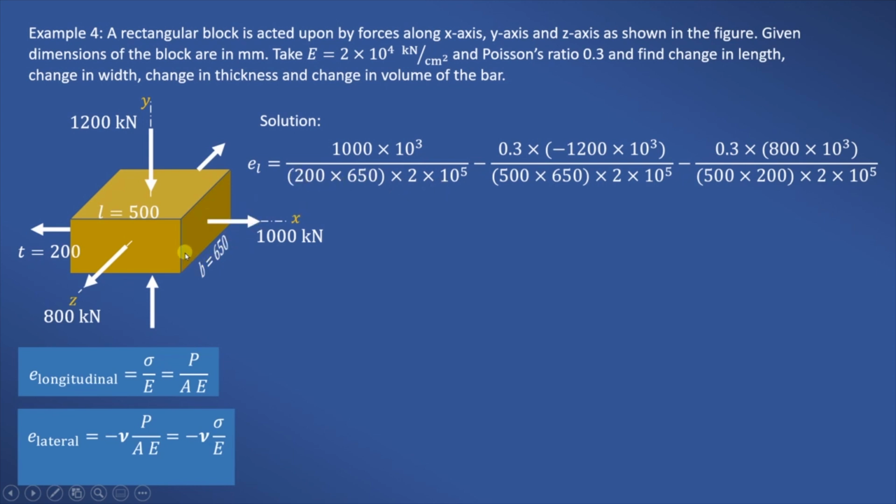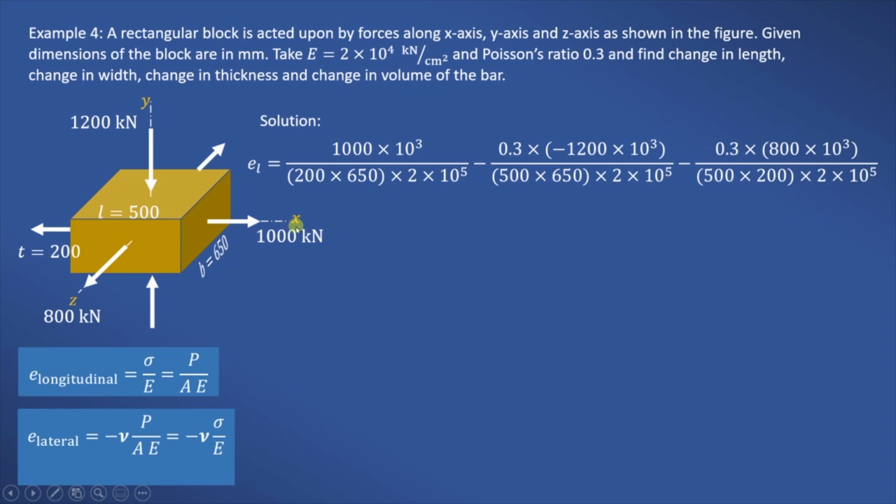Corresponding to this load, cross-sectional area is 650 into height of the bar, that is 200 millimeter. So 650 into 200 is the cross-sectional area. So P is 1000 into 10 raised to 3. It is a pull type of force, so positive tension. It will be increase in length because of this load. So P upon AE, with 2 into 10 raised to 5 as Young's modulus. So this is strain in length due to 1000 kilonewton force.